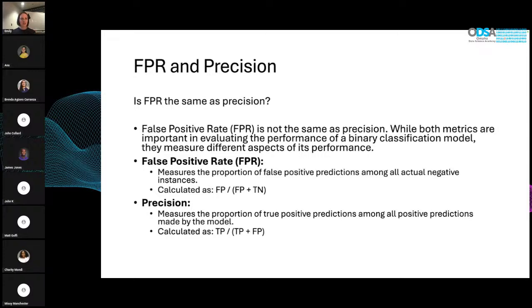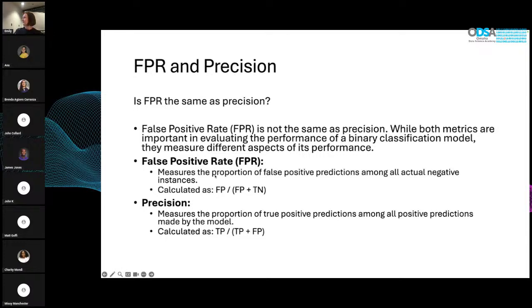That's precision. Whenever we say we're certain that this is the right prediction, of all the times we say that, how often is it actually the right prediction? How many times are we falsely positive? The false positive rate is a proportion of false positives among all actual negative instances.